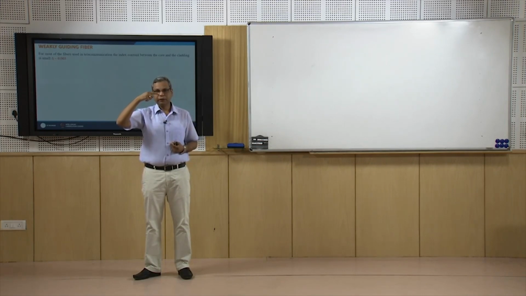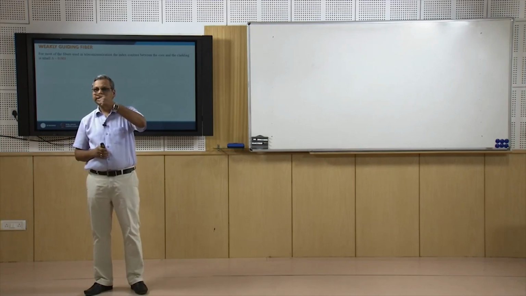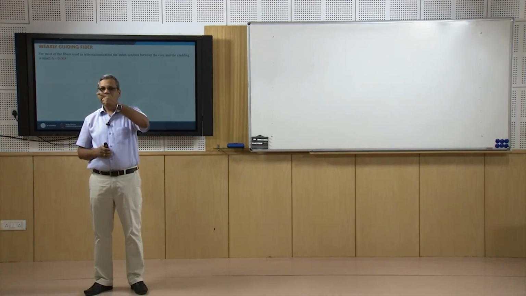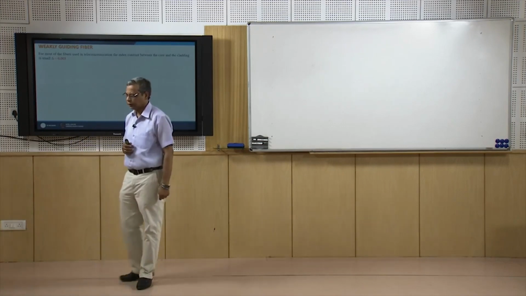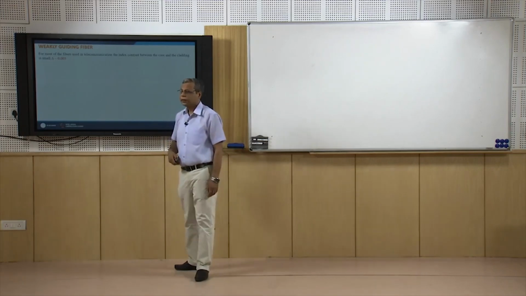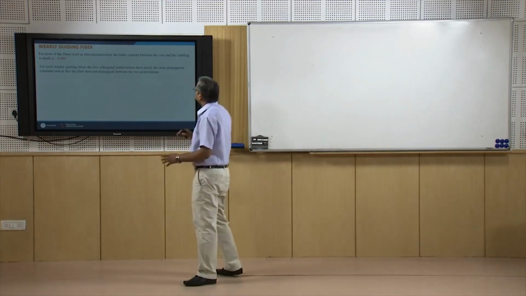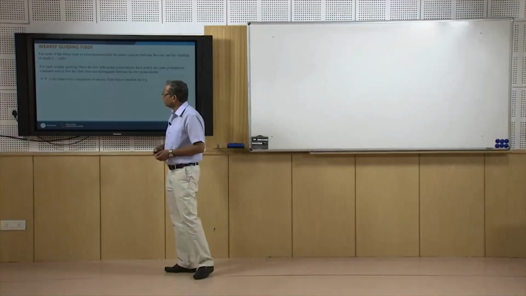That is, if one is polarized like this, then another has to be like this, or if there is any arbitrary polarization, then that arbitrary polarization can always be represented as the superposition of these two orthogonal polarizations, horizontal and vertical. So, in the case of a weakly guiding fiber, what we have are linearly polarized modes, and we can have two orthogonal polarizations which have nearly the same propagation constants.